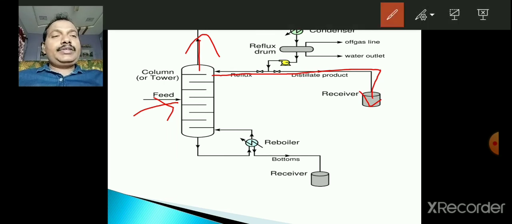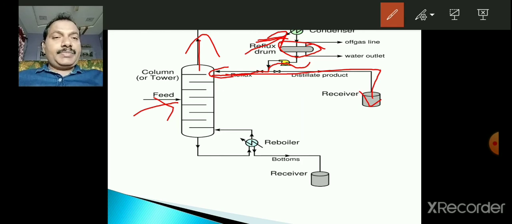So the condenser will convert vapor into fluid. That fluid is collected in the reflux drum. From the reflux drum, this fluid is once again pumped into the distillation column.